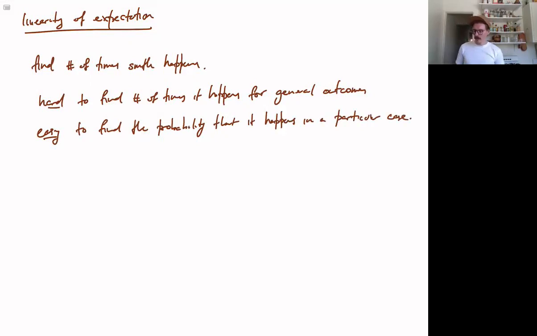The idea with linearity of expectation is that you can break the problem down into these simpler cases. Often, the way you break it down is by defining an indicator variable.